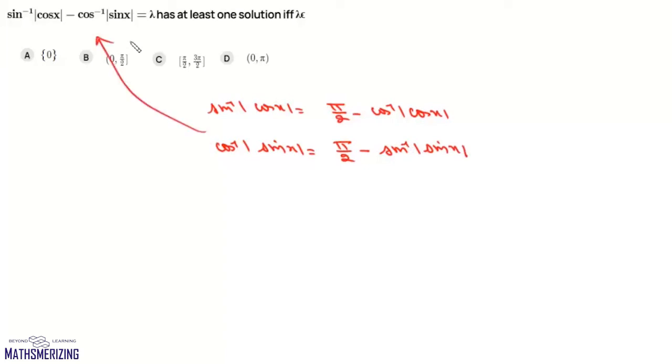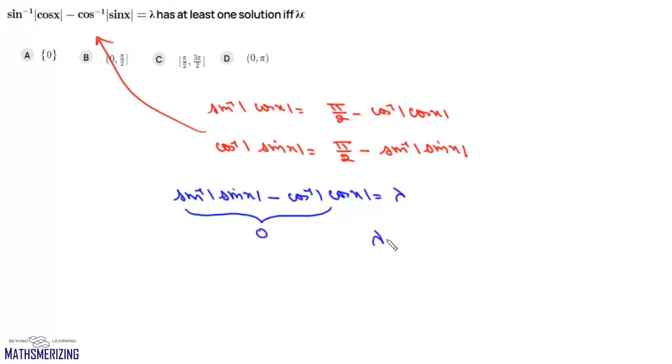Now we'll replace these two definitions, then we can simply write this as sin inverse of mod sin x minus cos inverse of mod cos x, and it should be lambda. Now we know that definitions of sin inverse of mod sin x and cos inverse of mod cos x are exactly same. So both these functions will have the same value at all the points. So value of this function is simply 0. So the only possible value of lambda if this equation has a solution is 0, because this function is a constant function whose value is always 0. So answer to this question is option A.